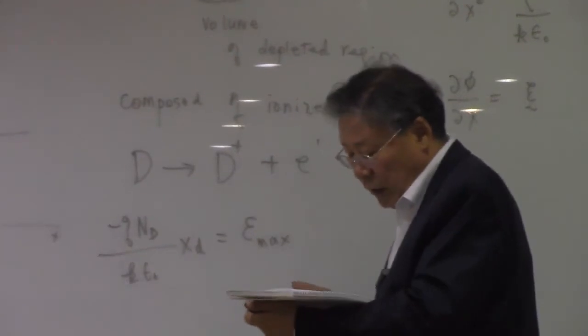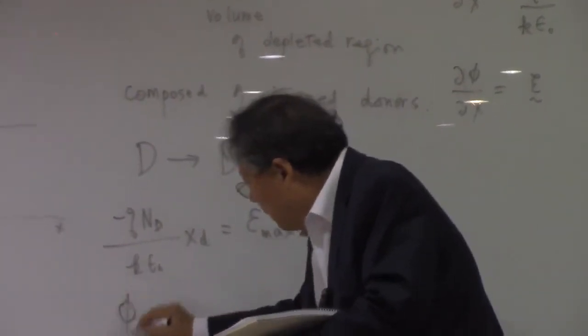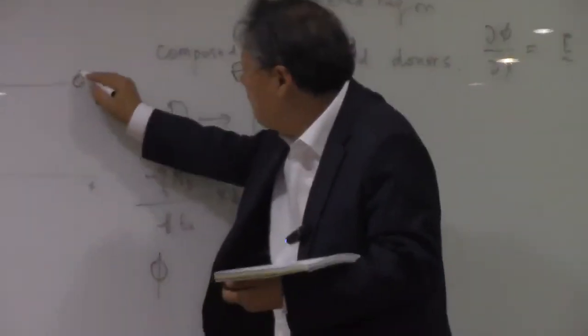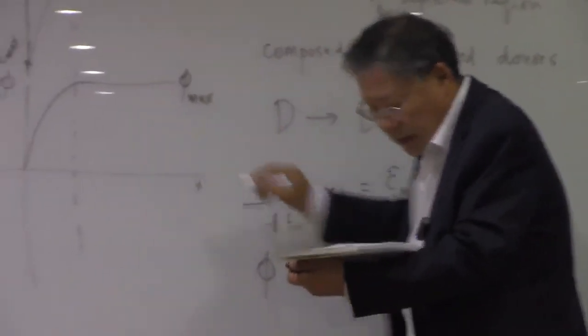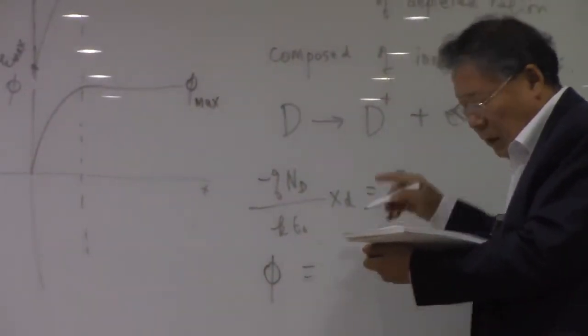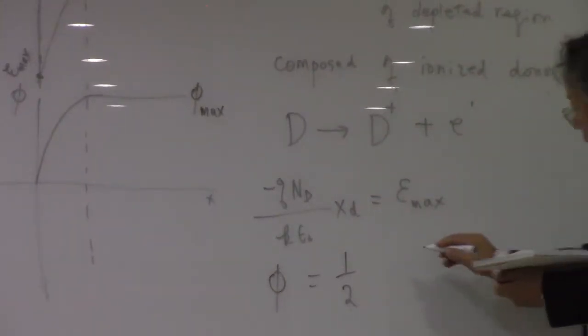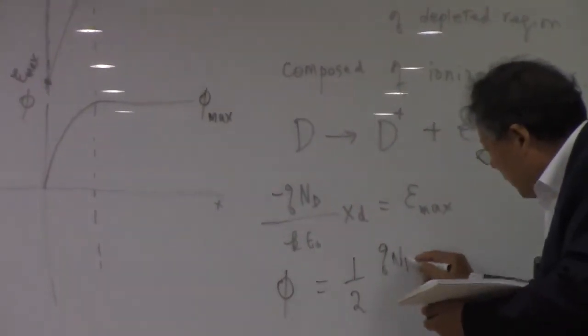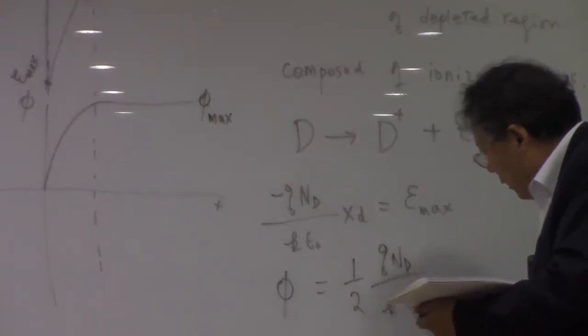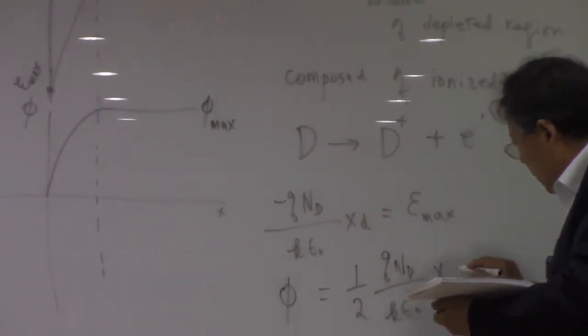And that's how you get it. And here, phi max also can be calculated. You make a second integral of this, and then that is Q and D K E naught XD square.